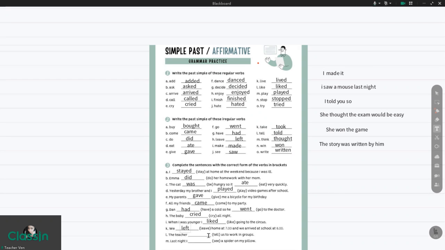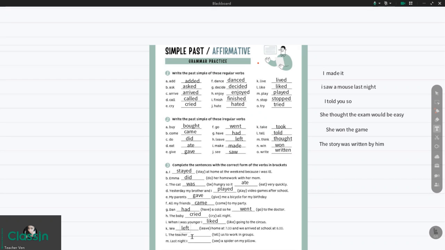The correct simple past form is left for the verb leave. We left home at 7 o'clock and we arrived at school at 8 o'clock. Okay, got it? Following? Okay, on to our next sentence.